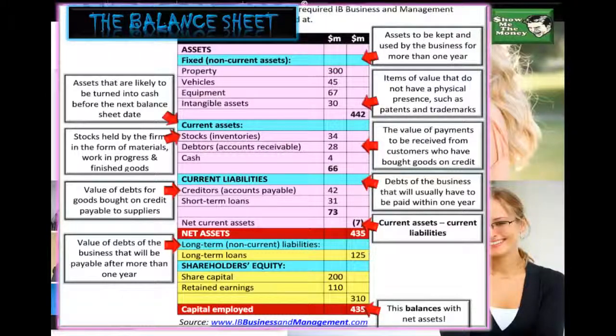From there we go to long-term liabilities, for example long-term loans, and following on from that, shareholders' equity. So things like share capital and retained earnings are going to show there. And if we total those, we've got capital employed. Long-term liabilities plus capital employed will balance with net assets.